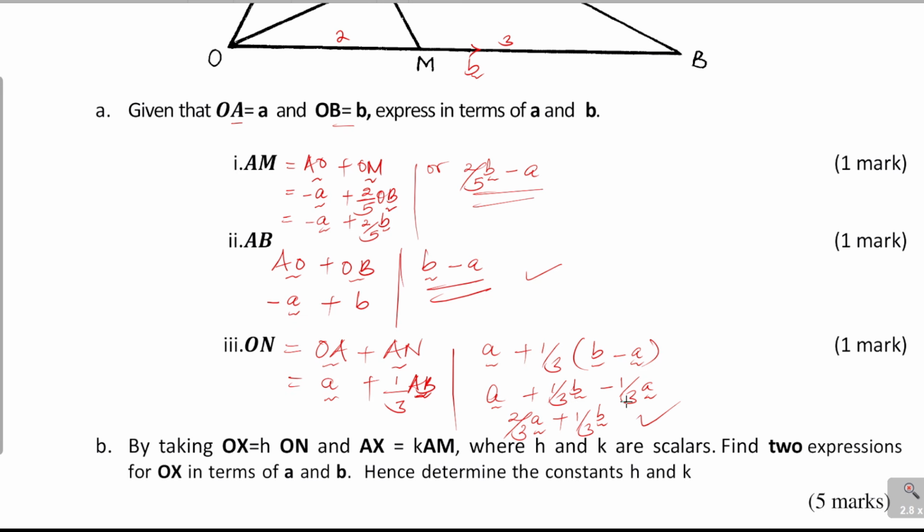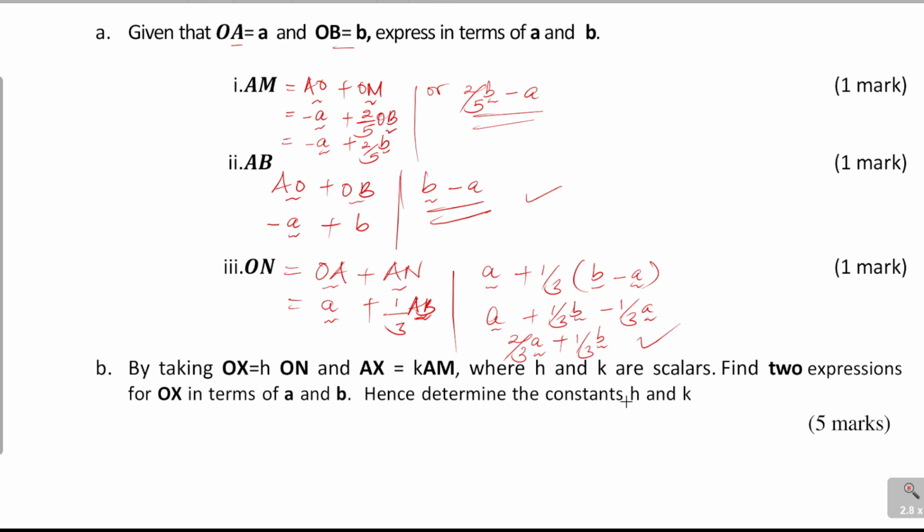By taking OX is equal to HON and AX is equal to KAM, where H and K are scalars, find two expressions for OX in terms of A and B, hence determine the constants H and K. So we need to find two expressions of OX.